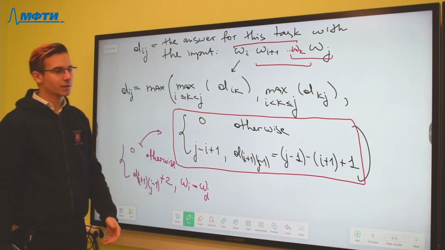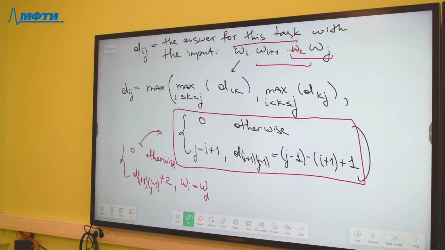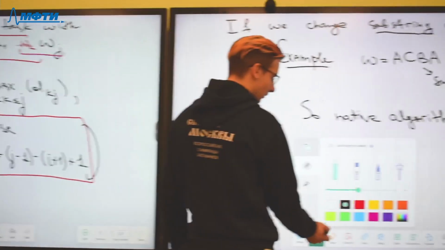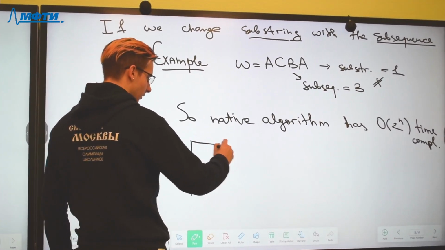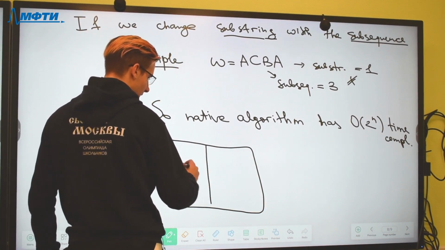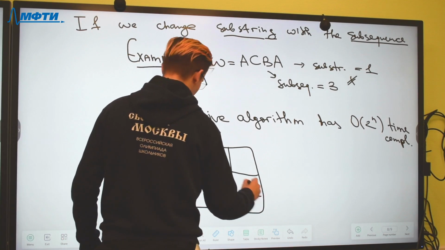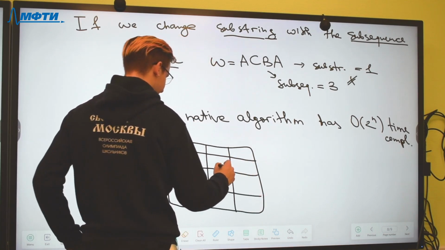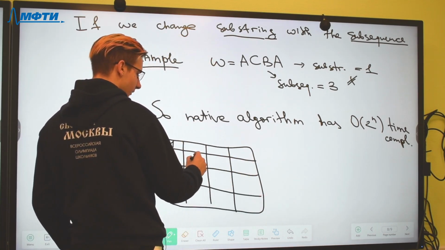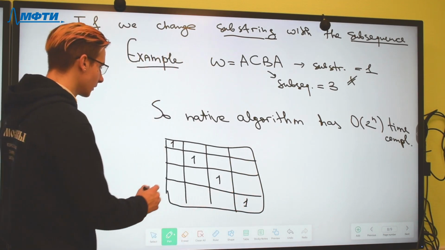Because now we can find the answer for this question by the 2-dimensional dynamics as in the previous task. Initially it's equal to 1.